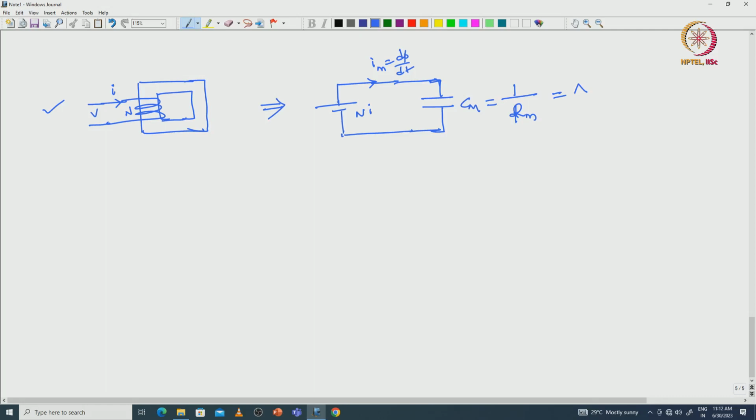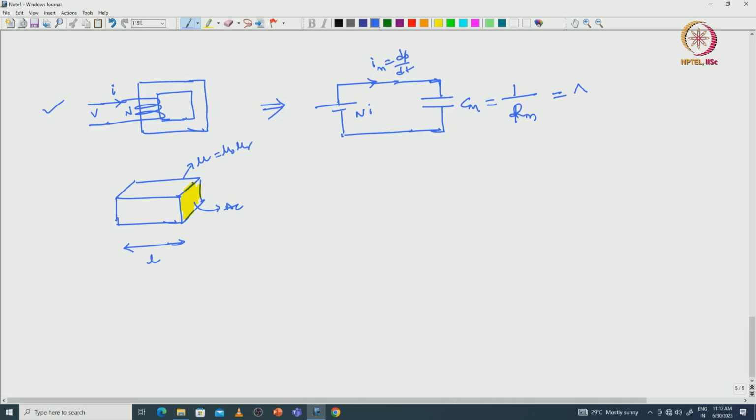Let us consider a magnetic material of length L. The cross sectional area of this core is AC and the permeability is mu, that is equal to mu naught mu r.